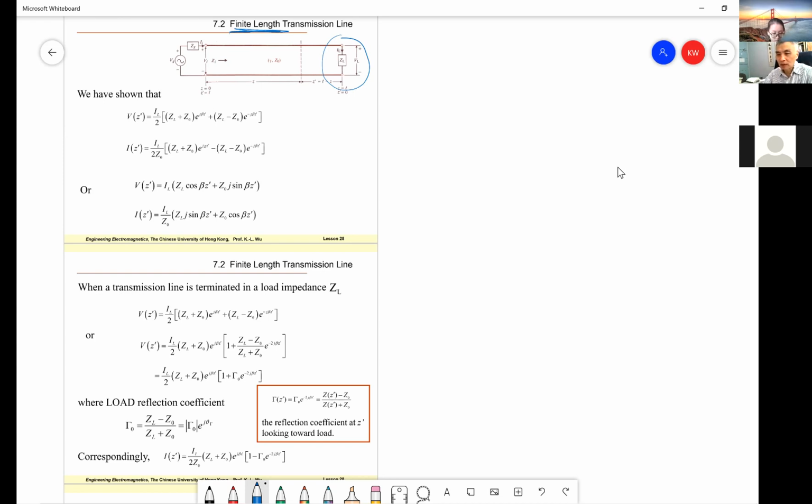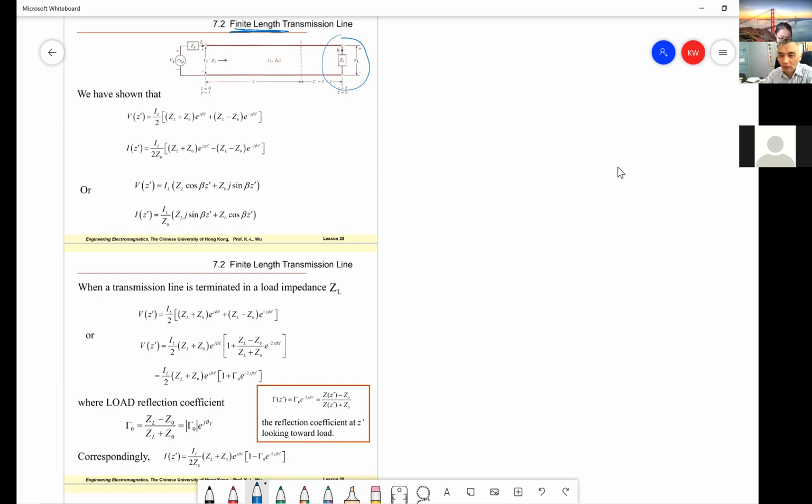When we deal with such a situation, our observation point or other circuit won't be connected with this load infinitely far away, right?